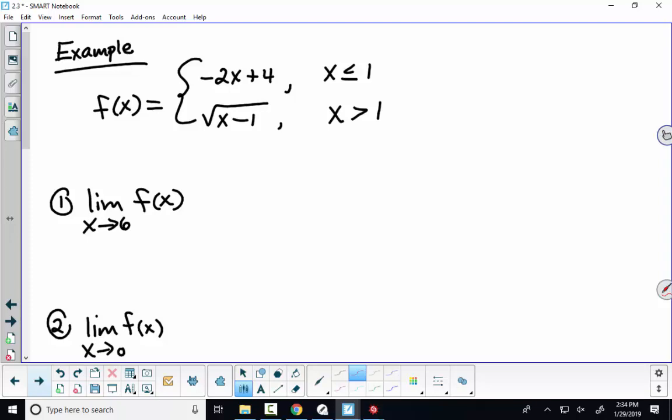You use root of x minus 1. So does everybody agree that we would use the bottom piece to evaluate this limit? Because the bottom piece is valid when we have x values that are larger than 1. So since we're approaching 6, the only piece we can use is the bottom piece.